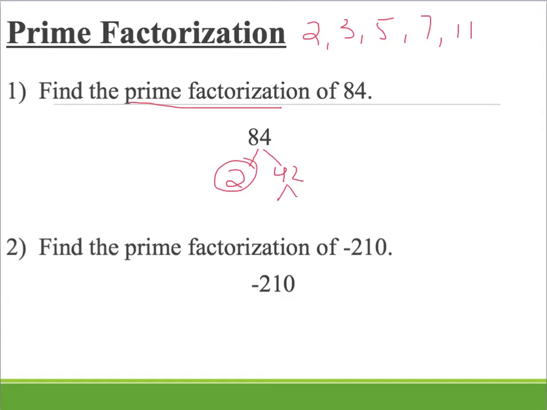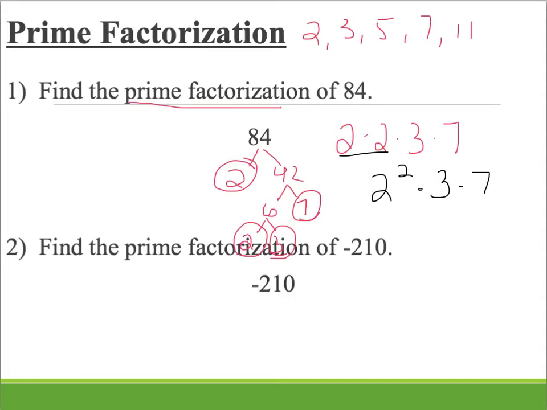From 42, I can do 6 times 7. 7 is prime, so circle the 7. From 6, I can do 2 times 3, and these are all prime. Everything that's prime is the prime factorization. Because I have two 2's here, I'm going to change it to 2 squared times 3 times 7. This is your prime factorization.